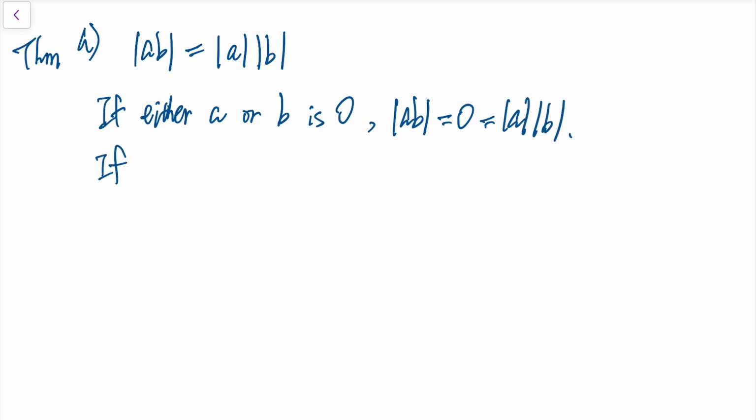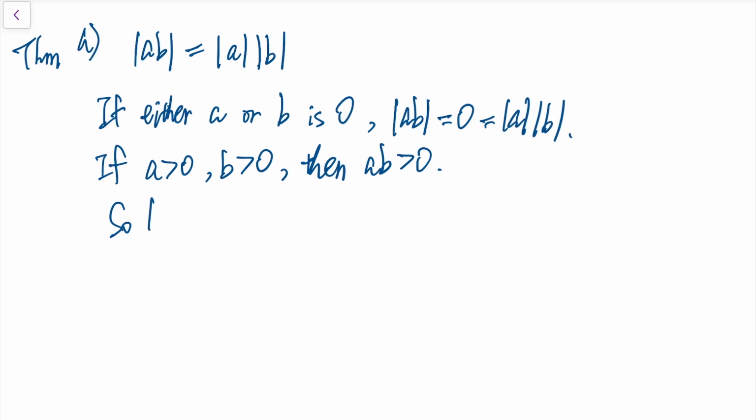If A is greater than 0 and B is greater than 0, then AB is greater than 0. So the absolute value of AB is just AB itself. It's equal to the absolute value of A times the absolute value of B.